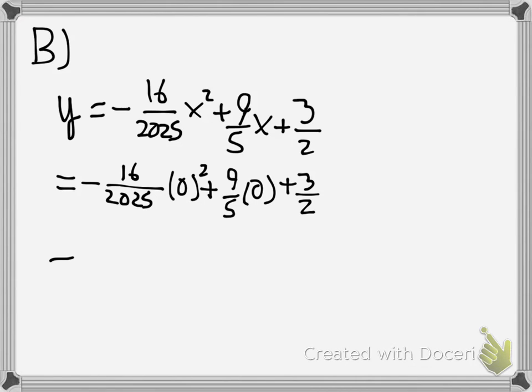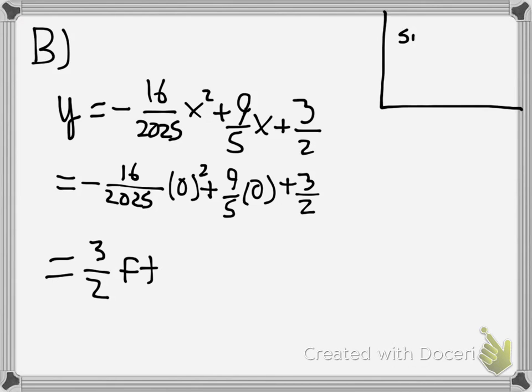By doing so, we'd get negative 16 over 2025 times 0 squared plus 9 over 5 times 0 plus 3 over 2. Simplifying it, we get 3 over 2 feet as the answer for B. Be sure to substitute x for 0.